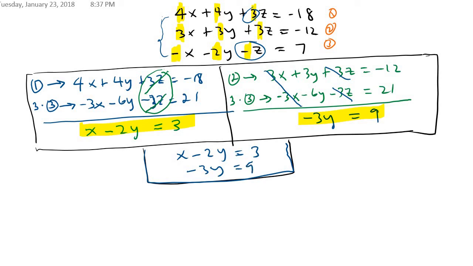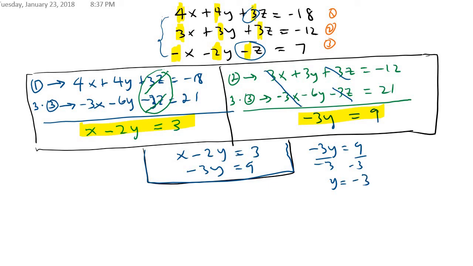So this is what we have left to solve. Now the last one is easy to do. This last equation here, we can get y from it quickly. So if negative 3y equals 9, then dividing by negative 3, y will be negative 3.